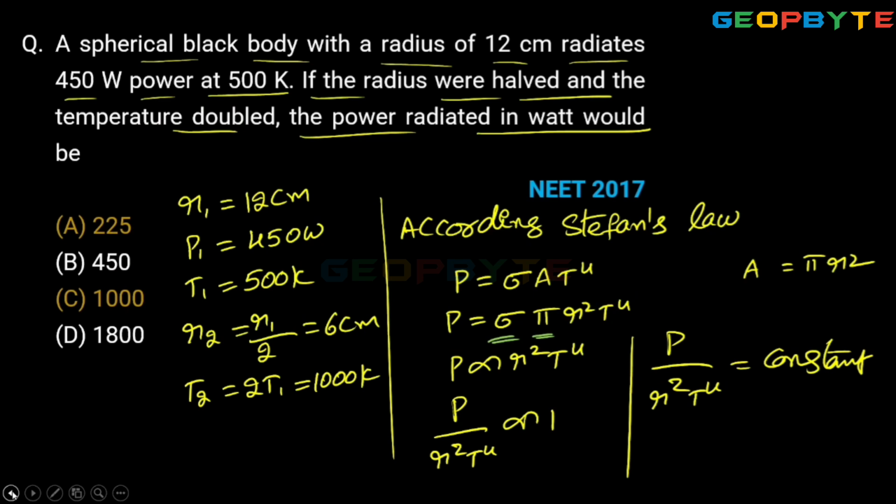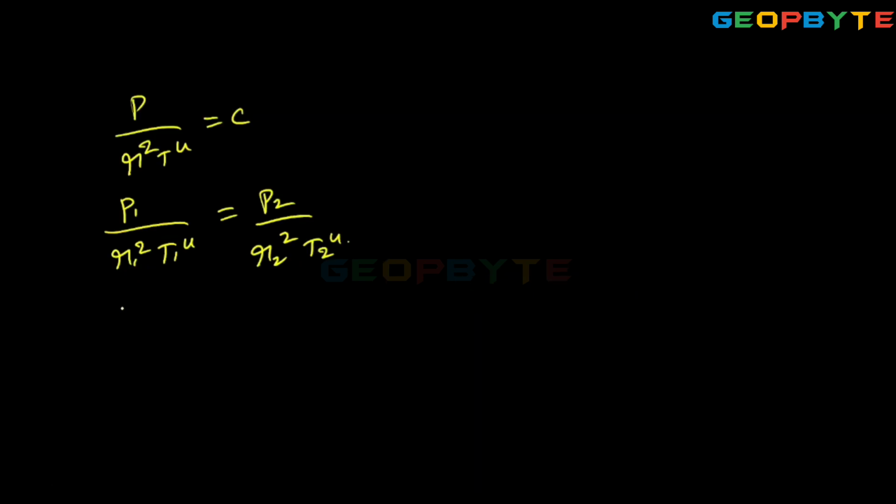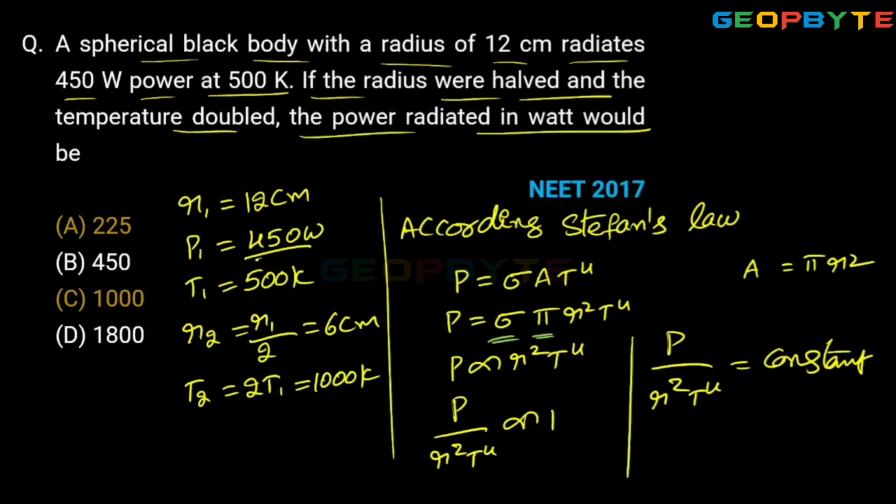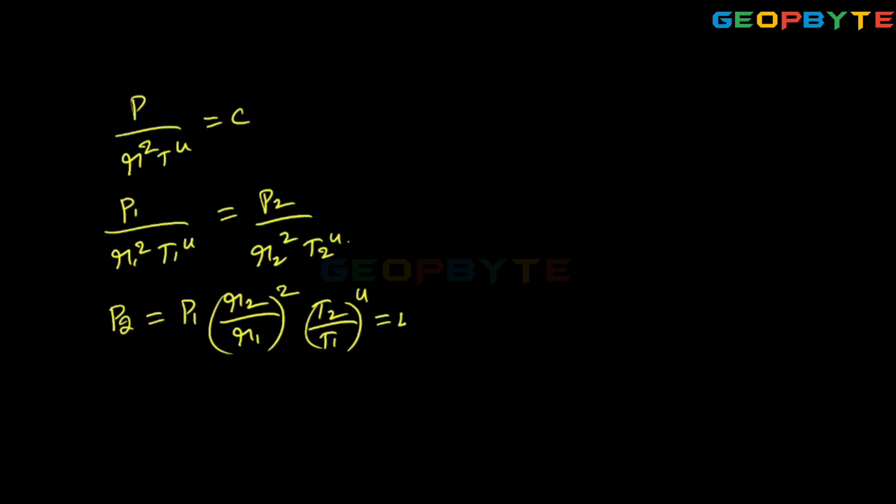You are asked to find the second body's radiated power P2. From this, P2 equals P1 into R2 by R1 square into T2 by T1 power 4. Look at the P1 value given, 450 watts, into R2.